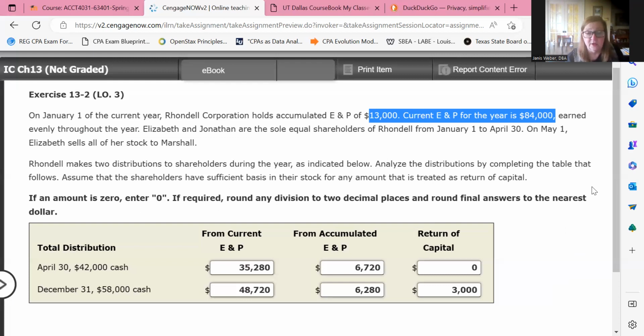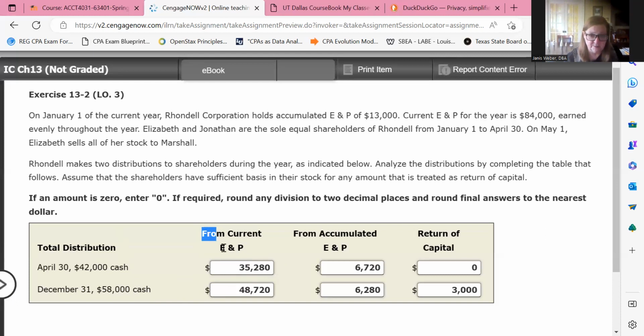I know that's right. And so the thing you have to remember is when you're doing this allocation, you look at each distribution to see what percentage it is of the total distributions for that year. And that's the percentage you're going to apply to the current E&P to see how much should be allocated as dividends relating to the current E&P. That's what we did right here.